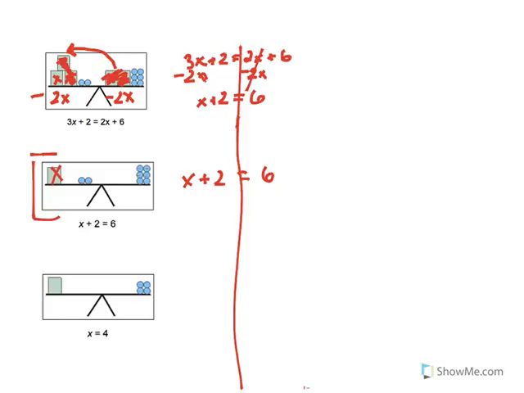So now, how do I get x by itself? I need to move these 2 pieces away from here. What I do to one side, I have to do to the other, or the thing would not be balanced. So I do minus 2 here, minus 2 here, x equals 4. And here we have it, x equals 4 dots.